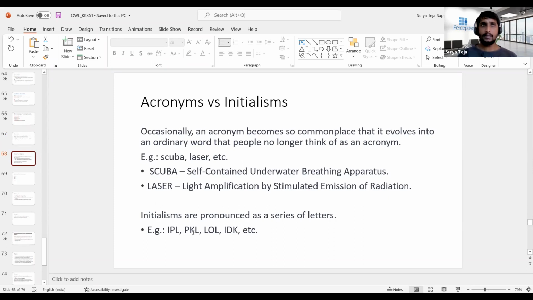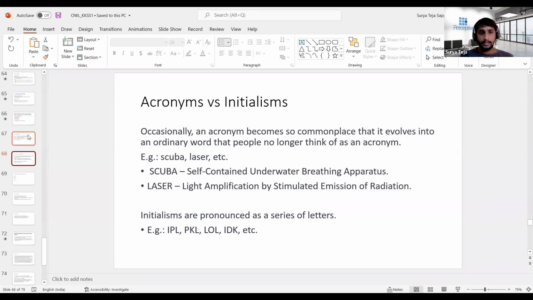So basically, any name which is not properly English but which can be created by a person, or a normal name created with some English words and normal words, is usually called an initialism. For example, Indian Premier League is not properly an English word. Even though Indian and Premier League are common, it has been created by them.